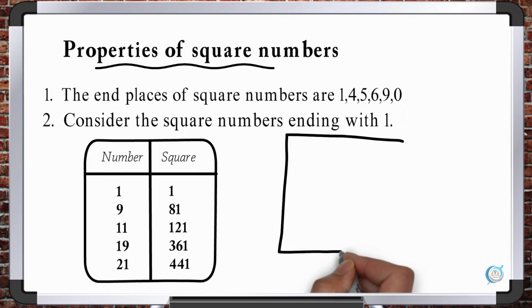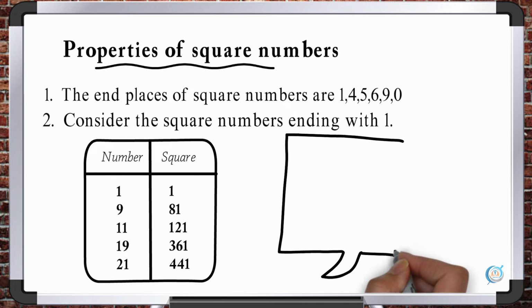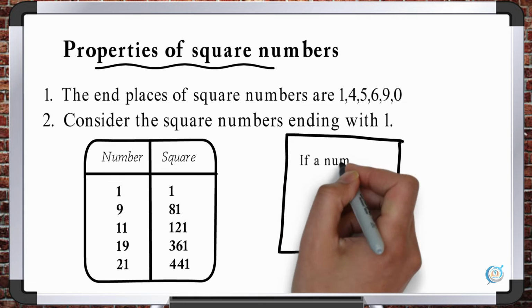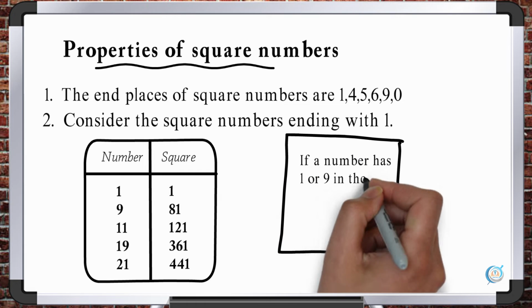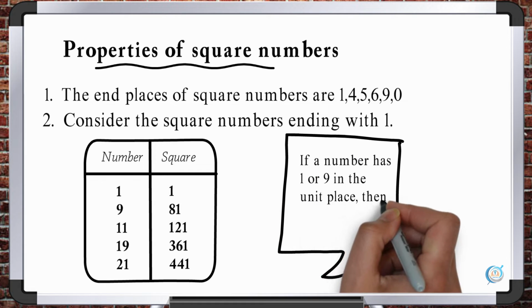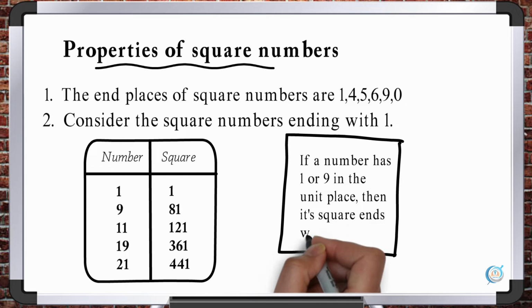From this table we can say that if a number has 1 or 9 in the unit place, then its square ends with 1.